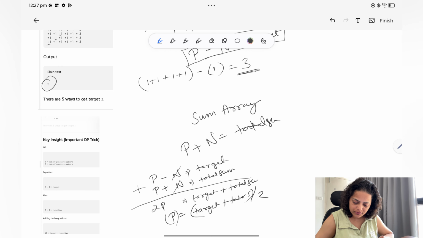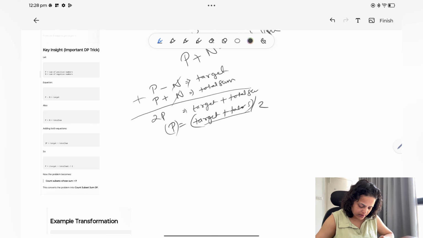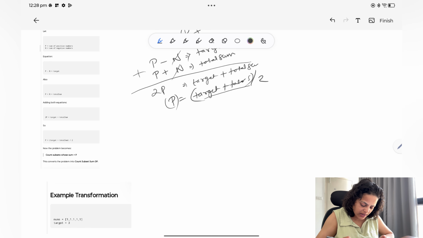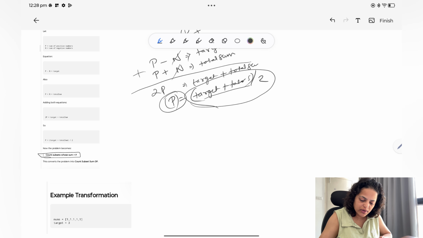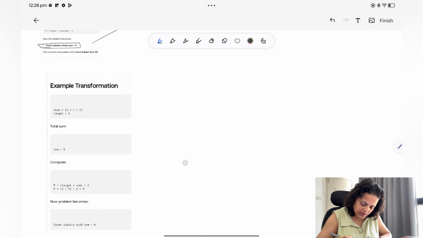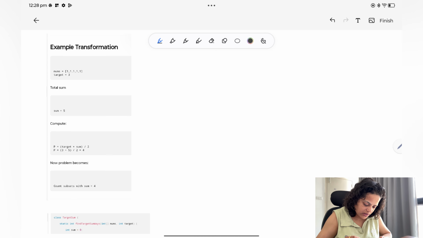Now you find (target plus total sum) divided by 2, and this problem becomes count subsets whose sum is equal to p. You have converted this problem into count subset sum. Correct?